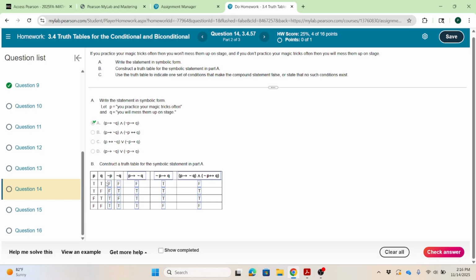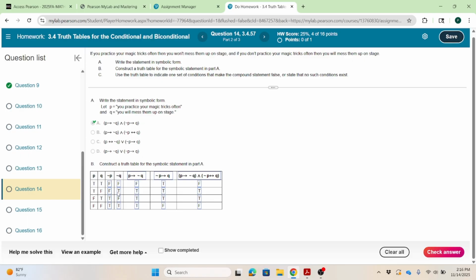True and true, false and false. So P implies not Q, that means true implies false, so it's false. And then not P is false, implies true, that is true. And then false and true is false.